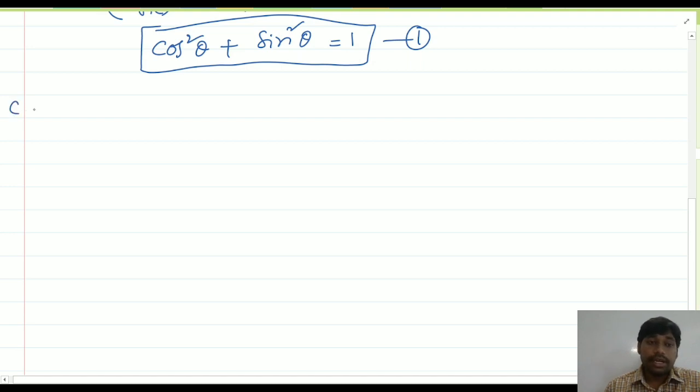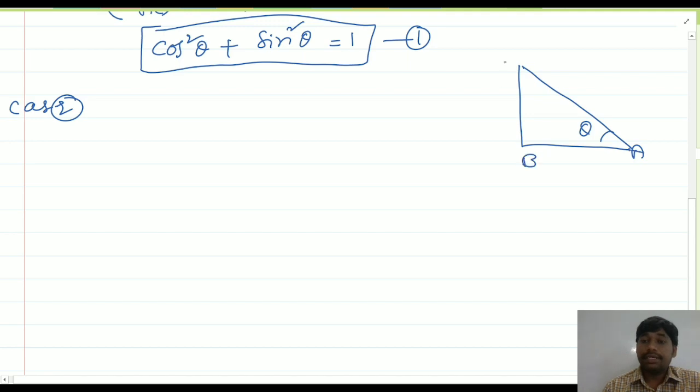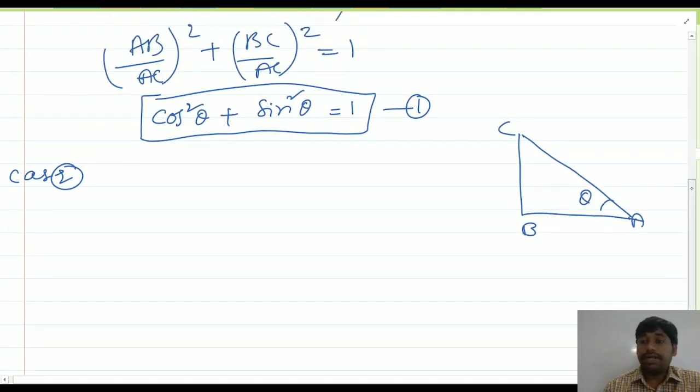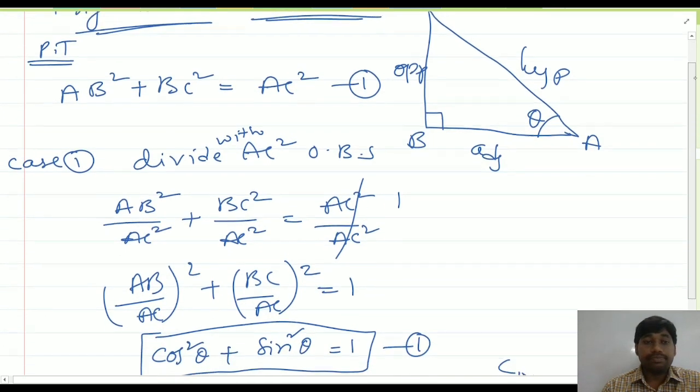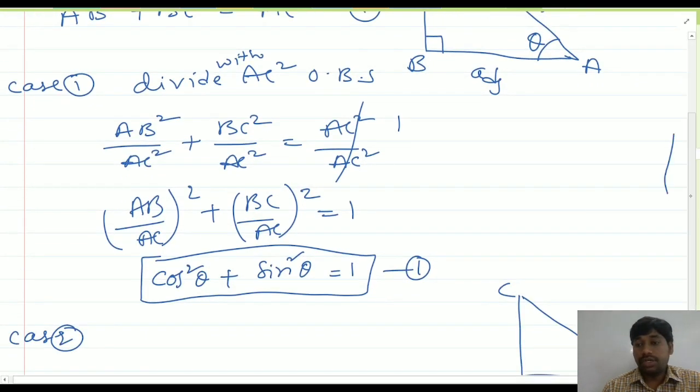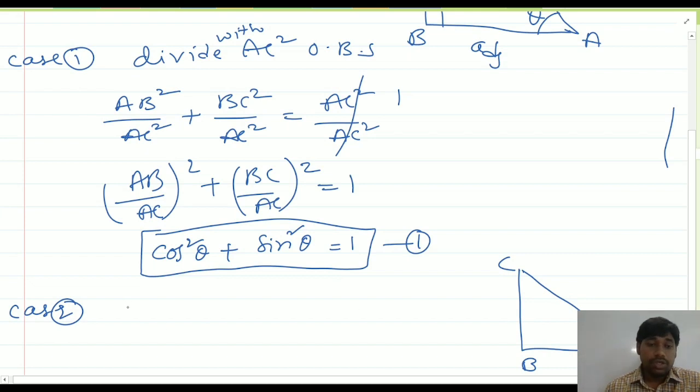Second identity, case 2, same triangle. This is the angle theta at A, this is B, and this is C. Now divide equation 1 with AB square.